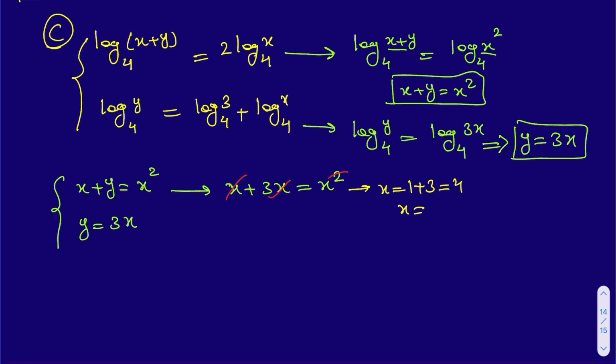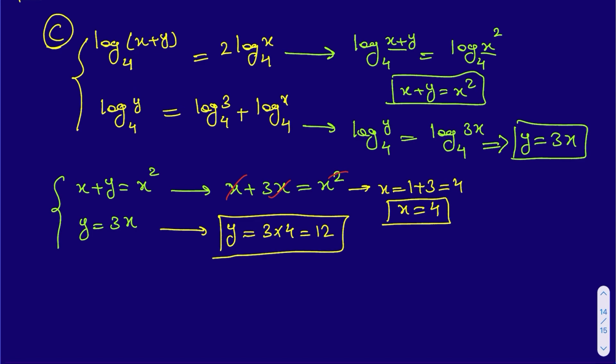So x will be equal to 4. This is one of my findings. And another one, I will replace 4 in this equation and I can find the value of y. Therefore y will be equal to 3 times 4, which is equal to 12, and that is the value of y.